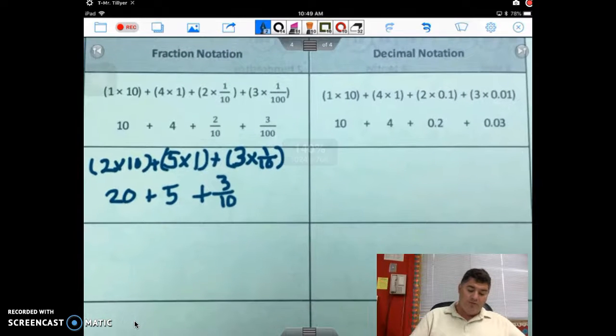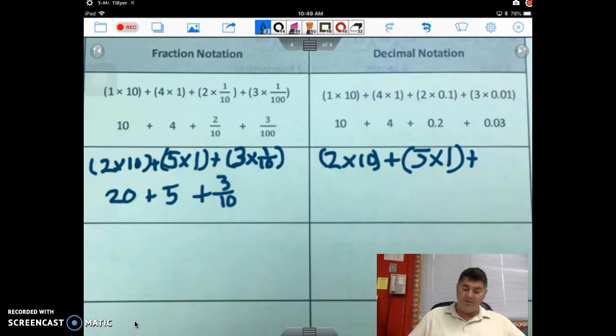So we've got 2 times 10. Same thing, because we're not even worrying about the fractions, it's whole numbers. Plus 5 times 1 plus, now this is where we're getting into the decimals, I'm sorry, the decimals.